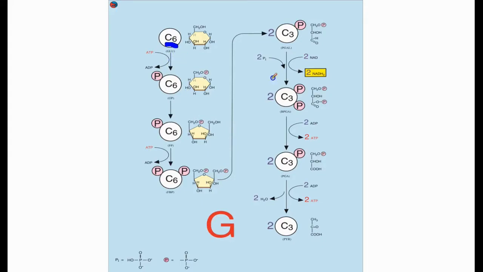C6, C3, this means that the molecule has 6 carbons. We can see that in the first steps we always have a molecule which has 6 carbons, and then at this point here, this molecule with 6 carbons will split into 2 with 3 carbons.